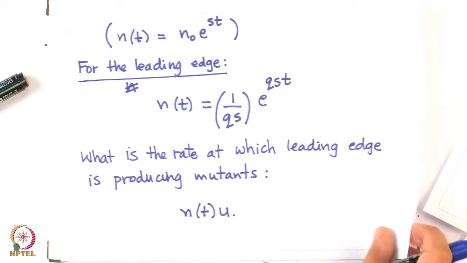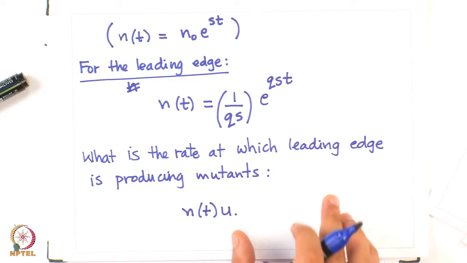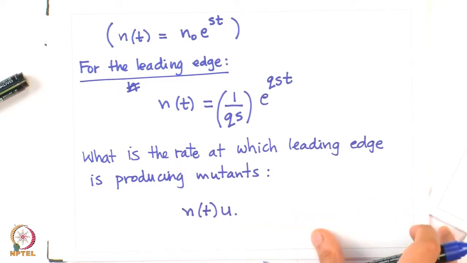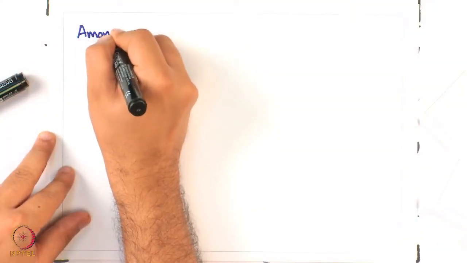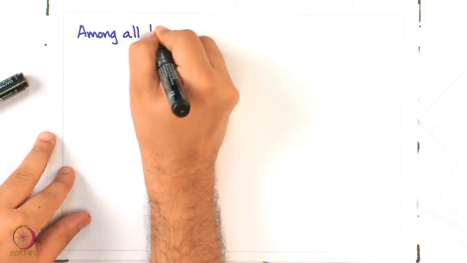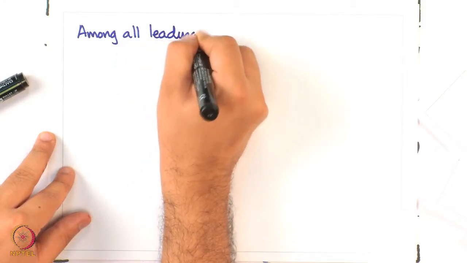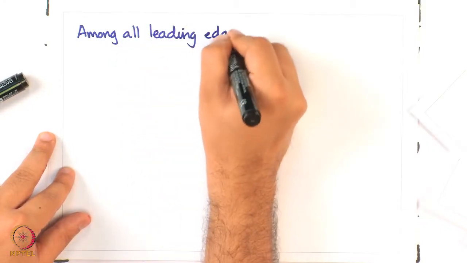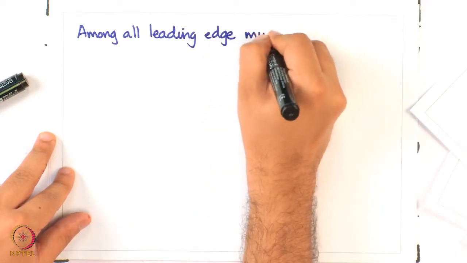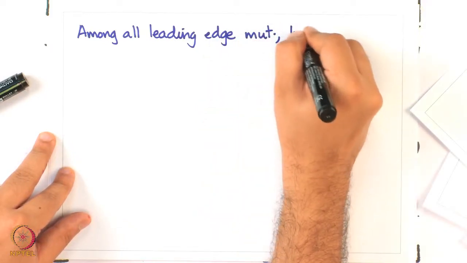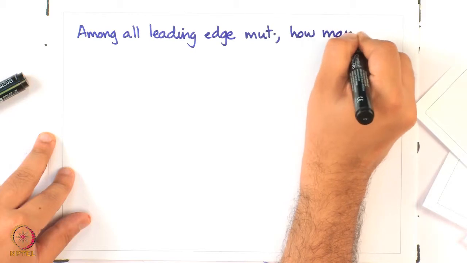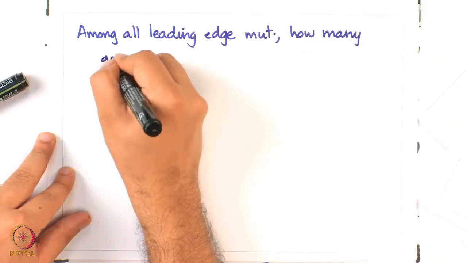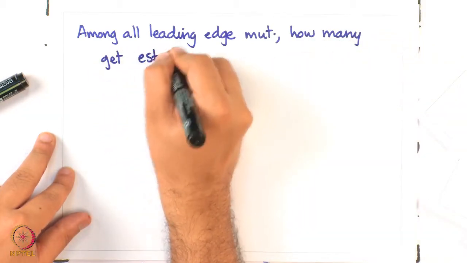And next is, among all these mutations that are happening at the leading edge, how many mutations are actually getting fixed or established? So among all leading edge mutations, how many get established?